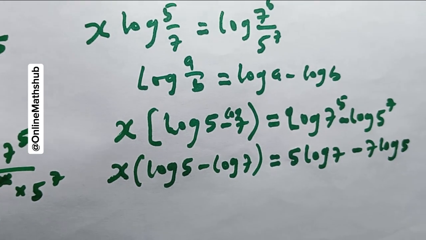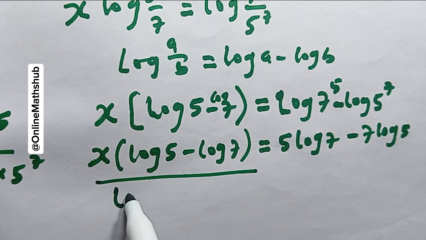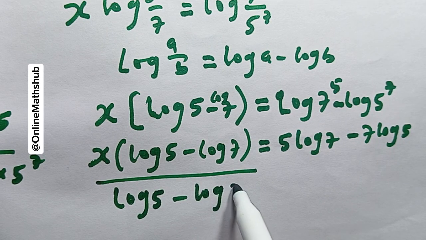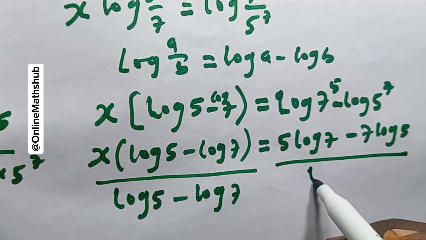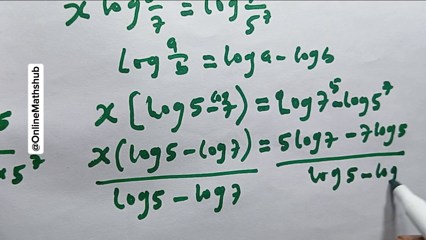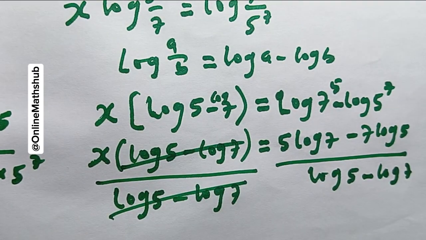Then what I'm going to do is divide through by the coefficient of x, which is log 5 minus log 7. I will also do that here, so this is log 5 minus log 7. This is going to cancel this.